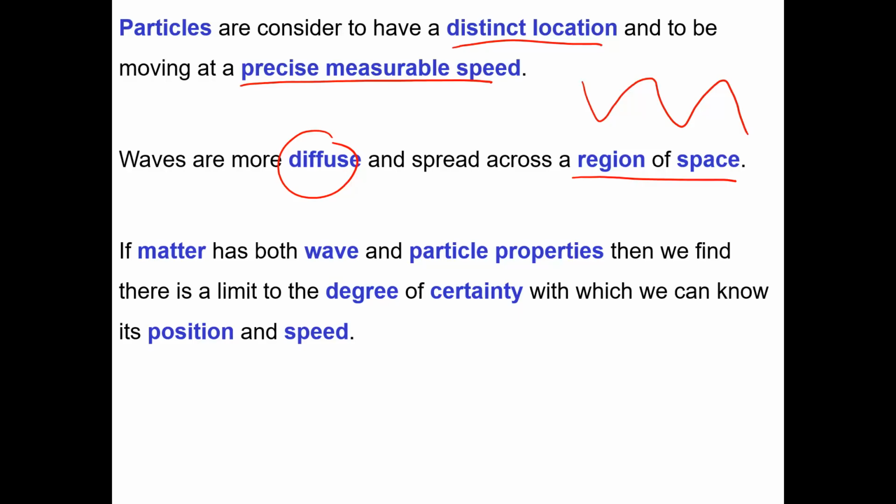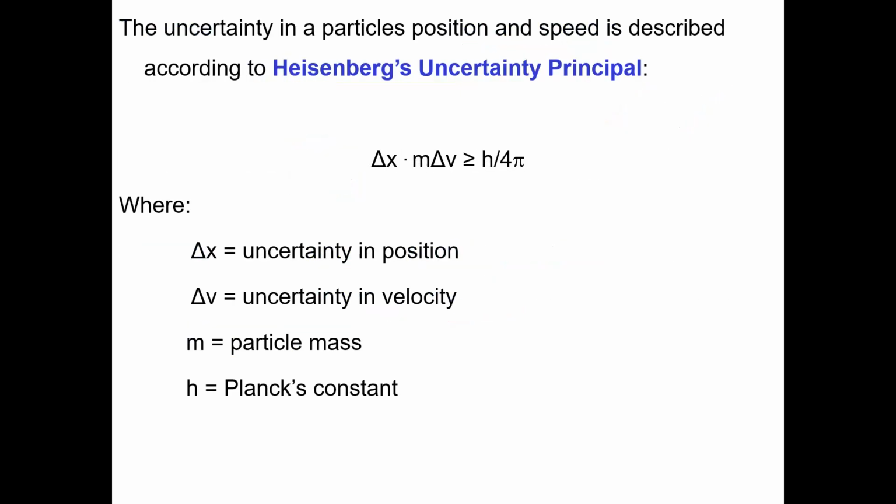So if matter has both wave and particle properties, it turns out that there is a limit to the degree of certainty with which you can know its position and speed. And a guy called Heisenberg figured out what the limits are in determining the position and speed of a particle.